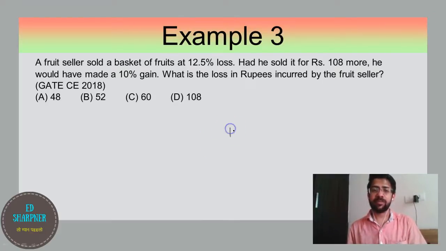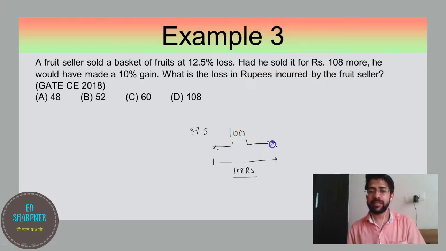So let us assume the original price of the fruits were 100. Now the fruit seller is selling it at 12.5% loss, which means he is selling it at 87.5 rupees for each 100. Had he sold the fruits for 108 rupees more, he would have incurred 10% profit.